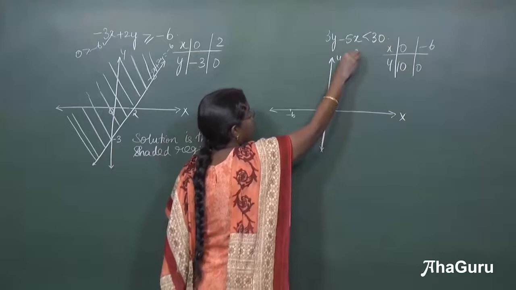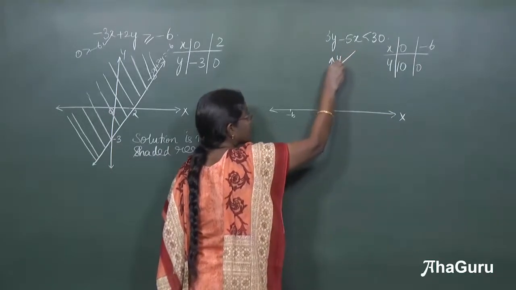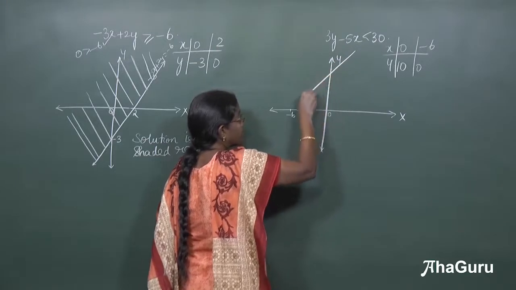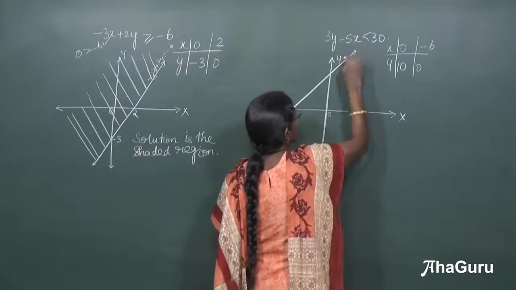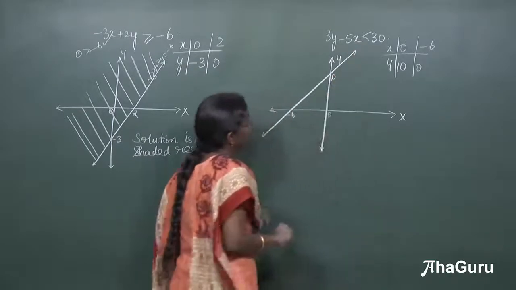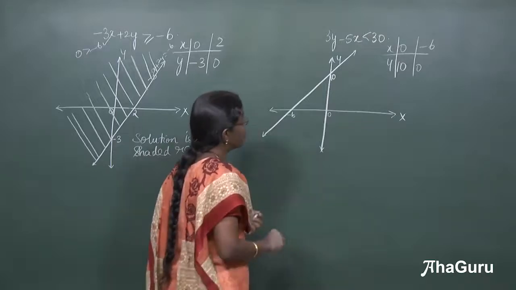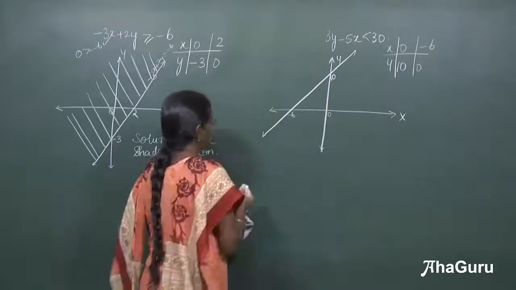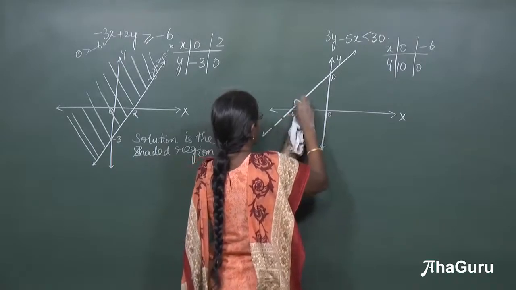Now join the 2 points. This point is 10, the other one on the x-axis is minus 6, and here it is a strict inequality, so it has to be a broken line or a dotted line.